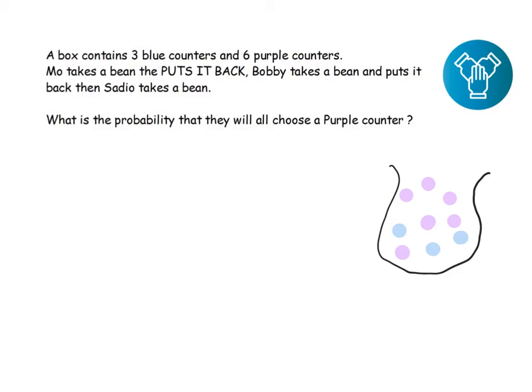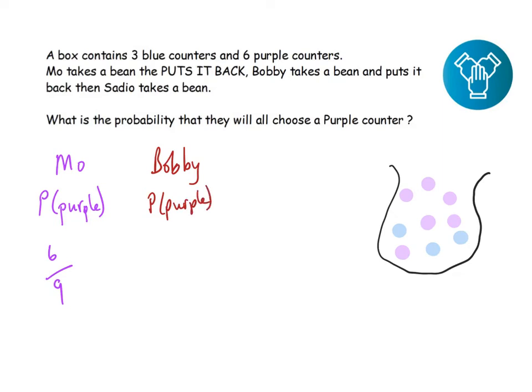So the probability of Mo choosing a purple counter is going to be 6 over 9. The probability of Bobby choosing a purple counter is going to be the same because, as before, they've put the counter back in.